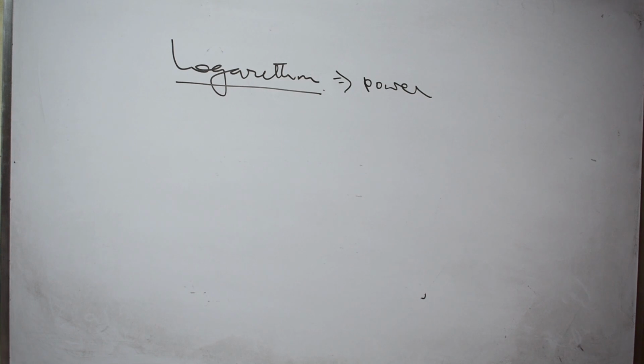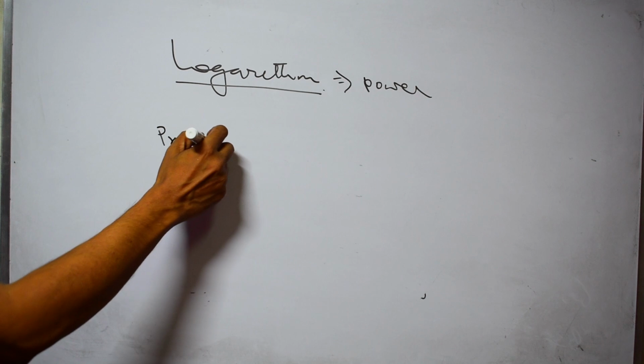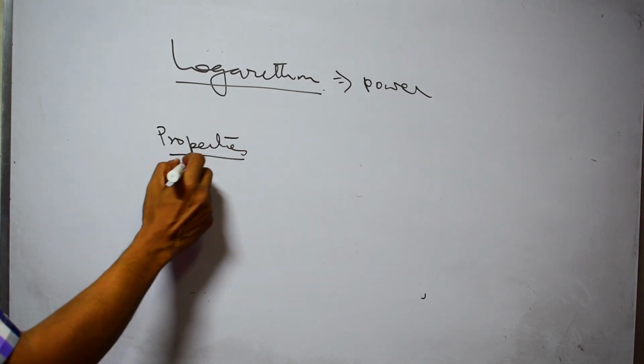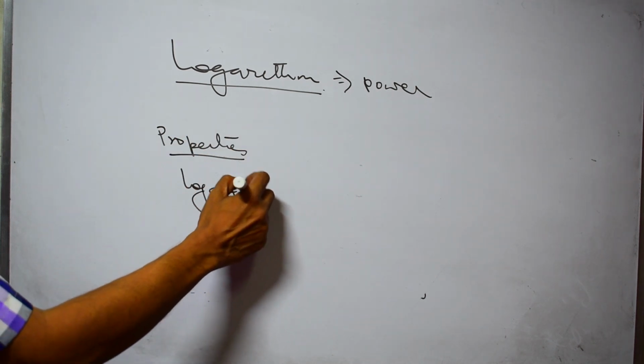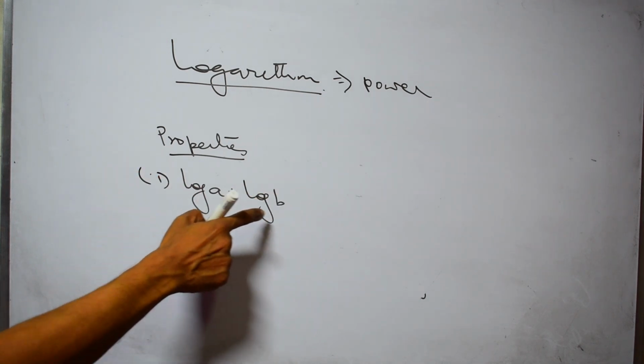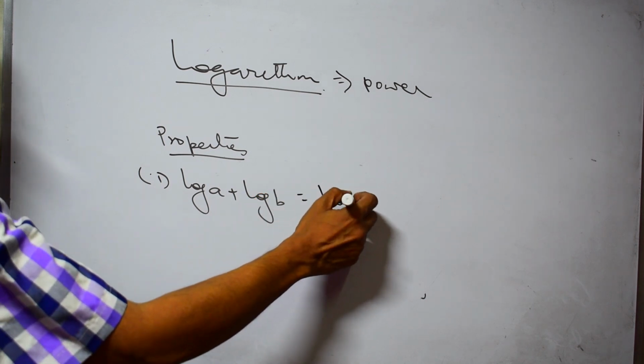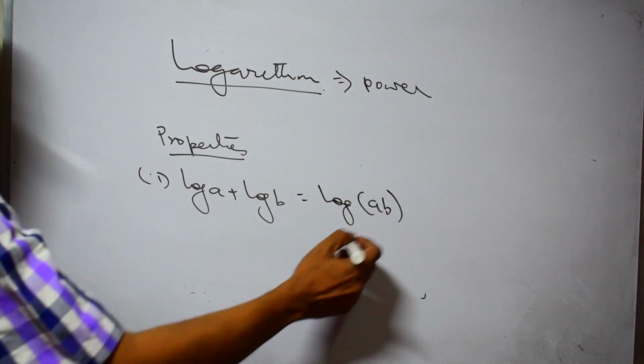The first property is log a plus log b. In both logs the base should be the same. Normally we take 10, it may be anything else, then the answer will be log of a into b.